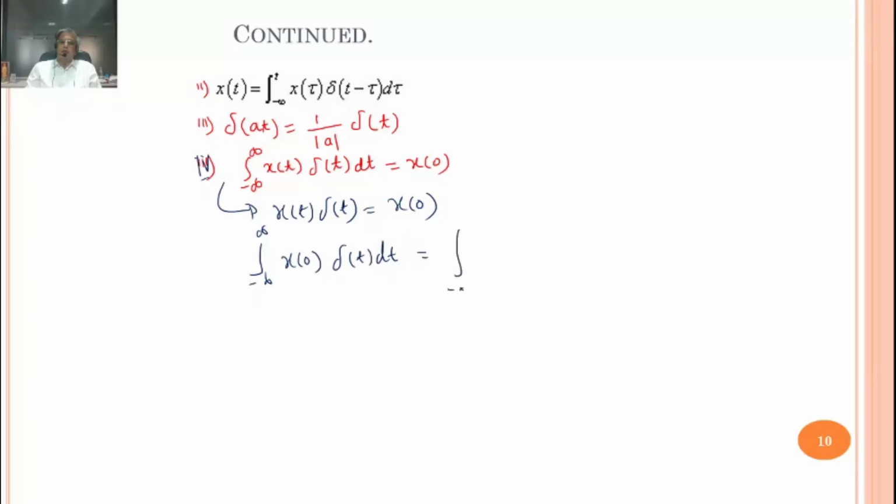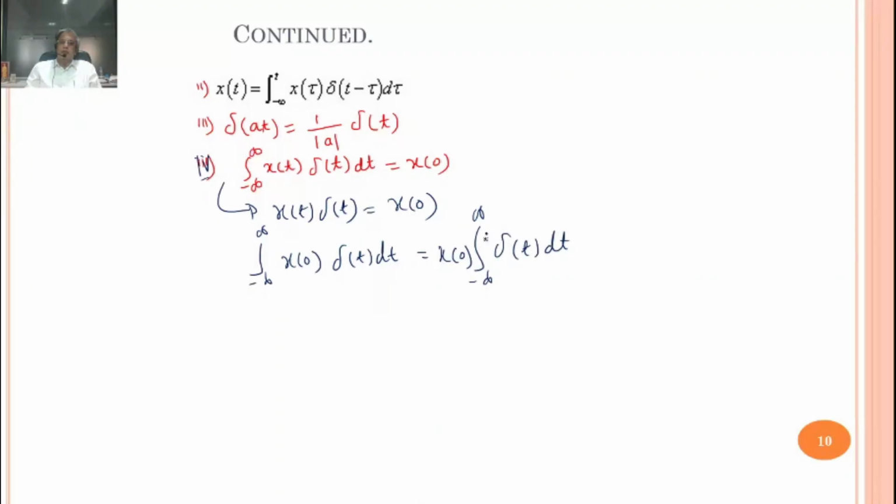As the integration is with respect to t, x of 0 is constant and is taken outside the integration. What is the integration of delta t dt?